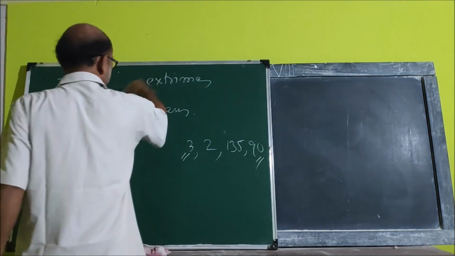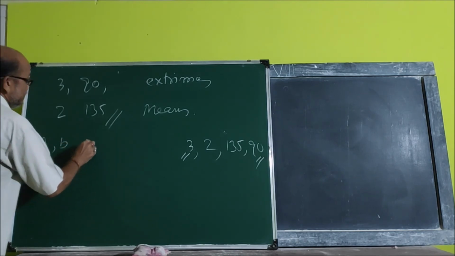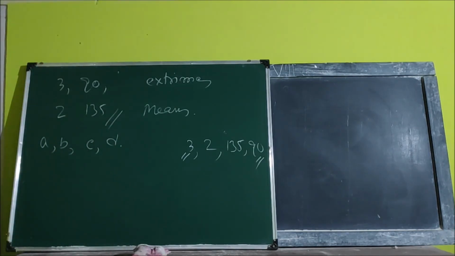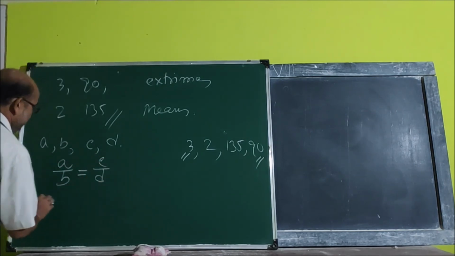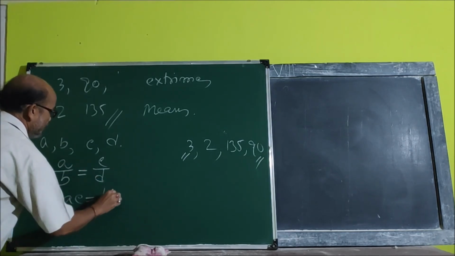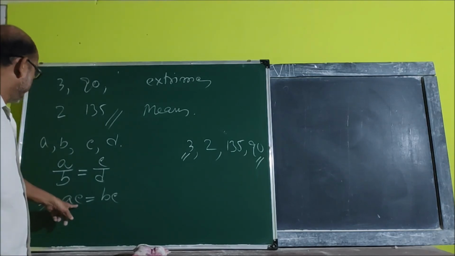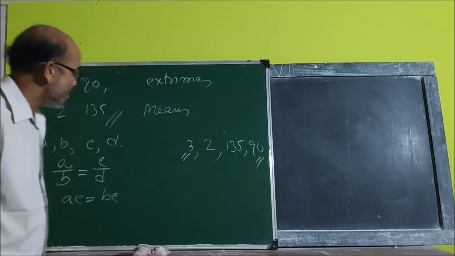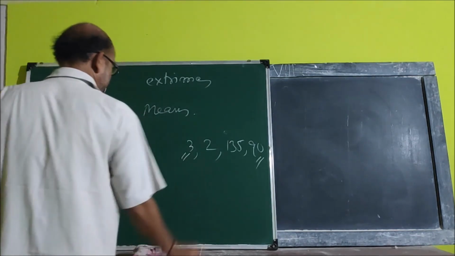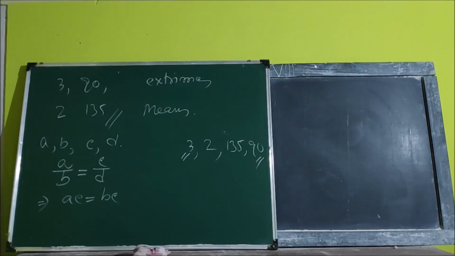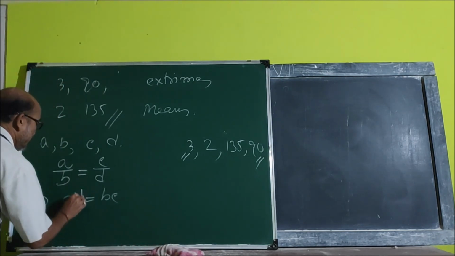Now, if A, B, C, D are in proportion, then we can write A by B equal to C by D. That means AD equal to BC.